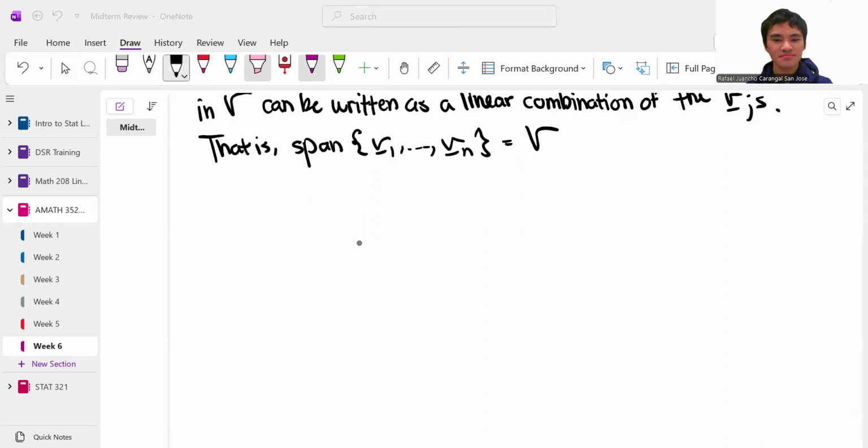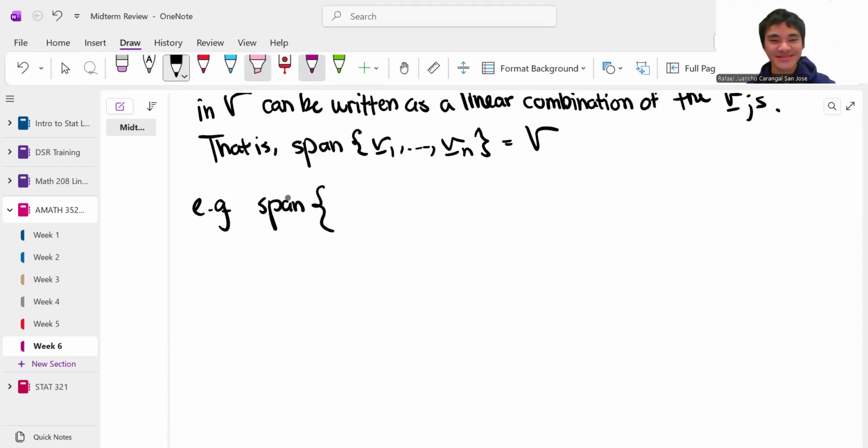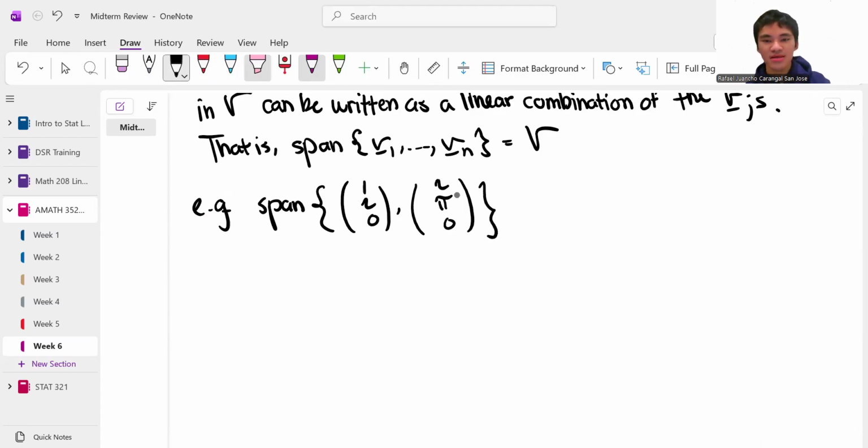Okay, maybe to be more concrete, let's do numerical examples. We're going to do numbers. We have 1, 2, 0. We also have 2, throw a pi in there, why not? And what can we say?